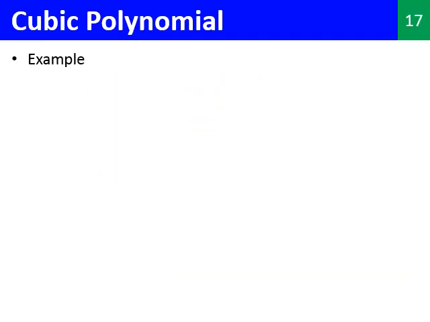Let's do an example for cubic polynomials. Let's say we have t0 equals 0 and tf equals 1. v0, that is the starting velocity, is 0 and the end velocity is also 0.